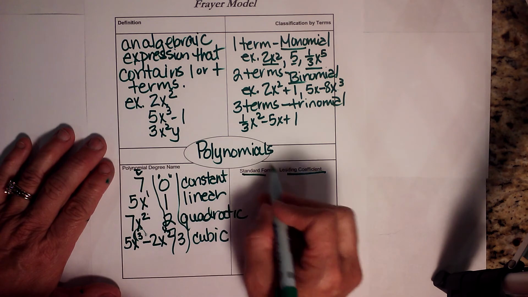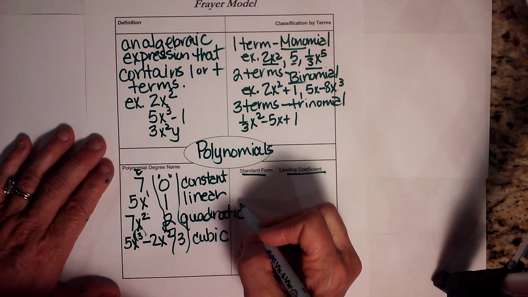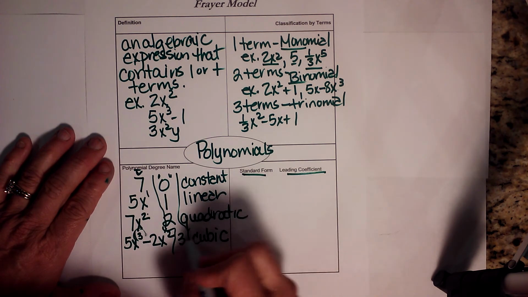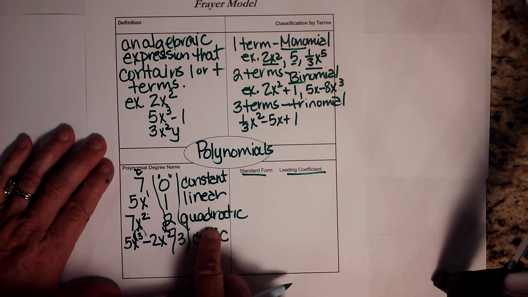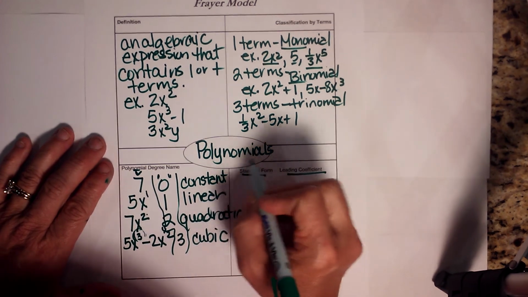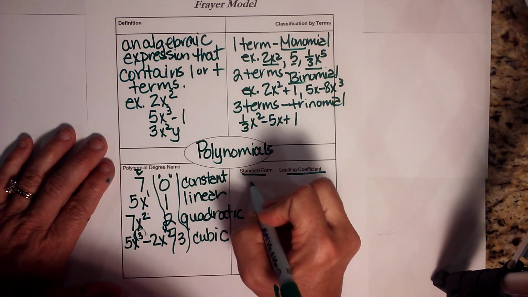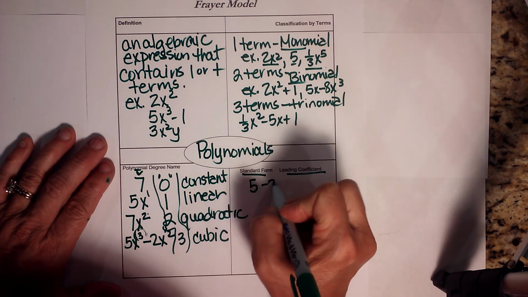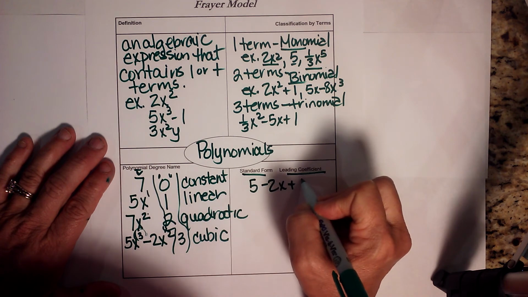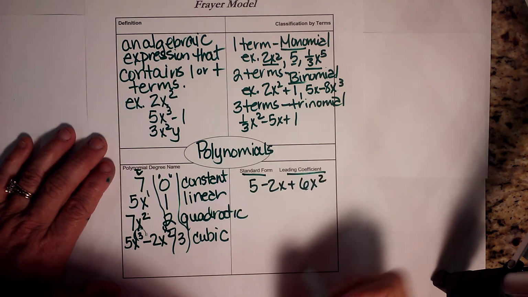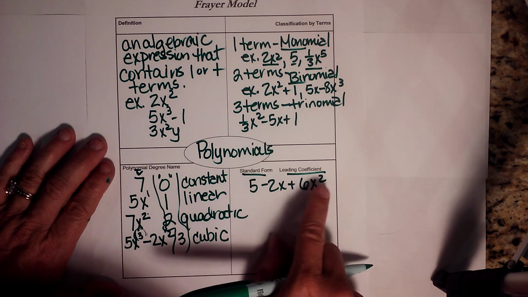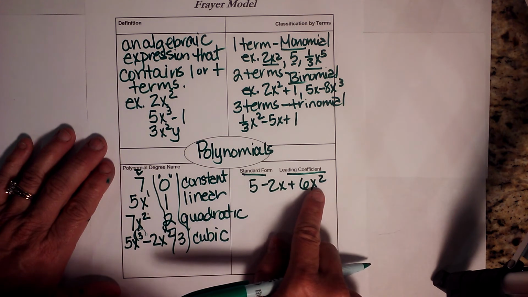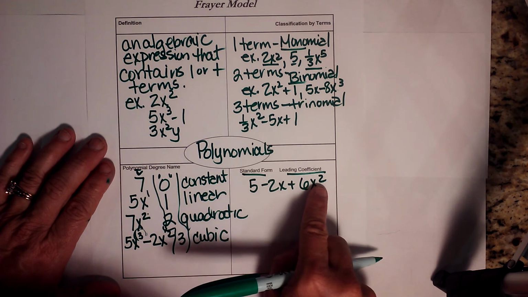Now let's look at forms. Okay, so what is standard form? Standard form is when you take a polynomial and you put it in order from the highest degree to the lowest degree. So let's start off with one that's not in standard form. So you might have 5 minus 2x plus 6x squared. Okay, so here's our polynomial. We have 1, 2, 3 terms. So it's actually called a trinomial because there are 3 terms.